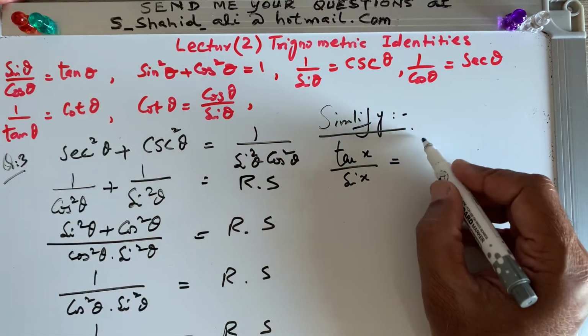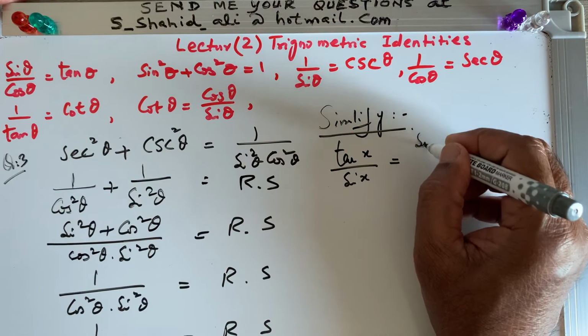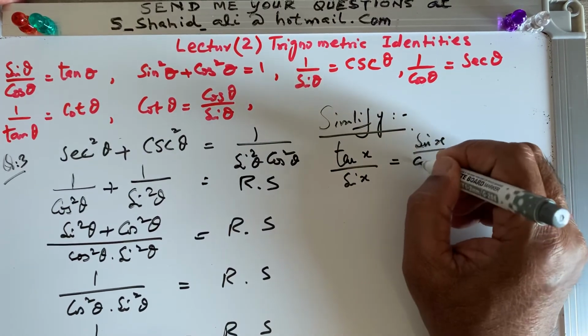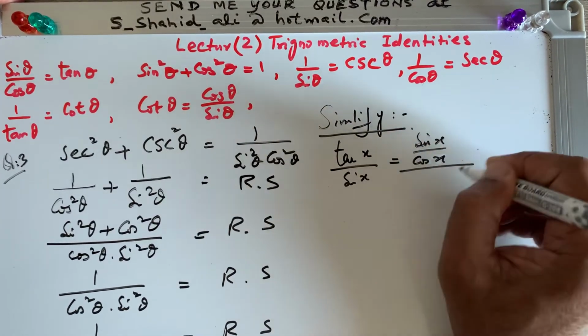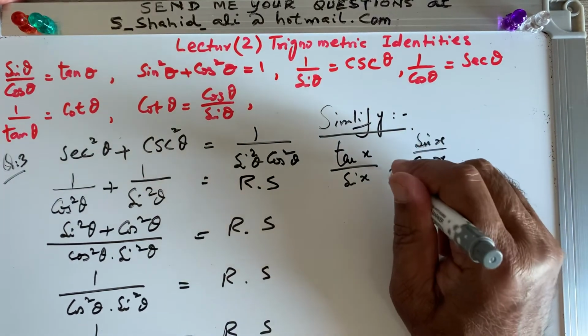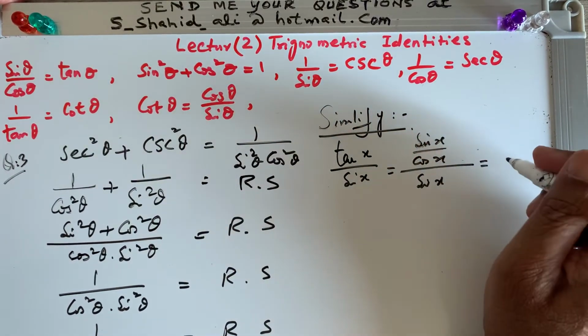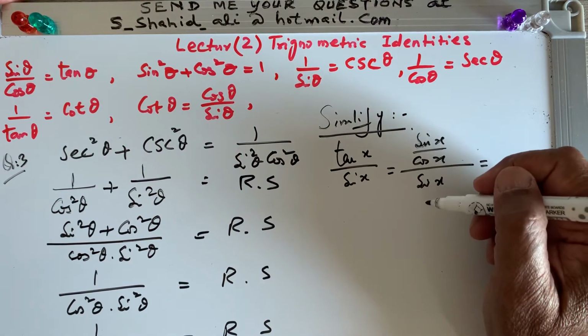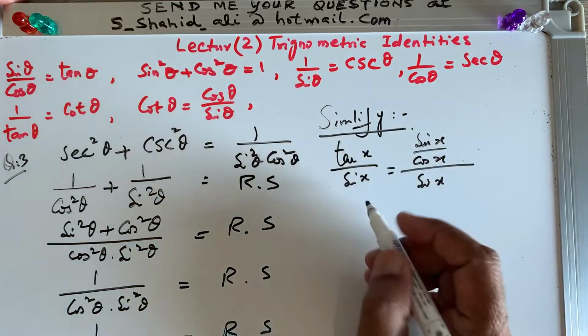So here tangent can be written as sine x over cos x, divided by sine x. You understand this point? Now this is division, so it will flip the denominator.